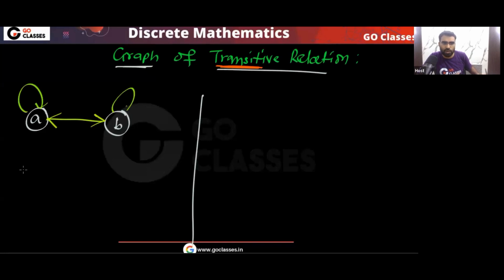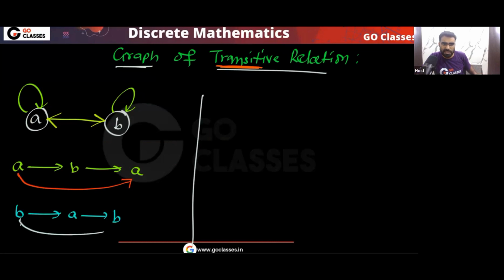Why? What is the reason? Because A is related to B, and B is related to A. Then, since this relation is transitive, A will be related to A. Similarly, B is related to A and A is related to B, so this transitive relation says that B must be related to B. So this is the first thing.